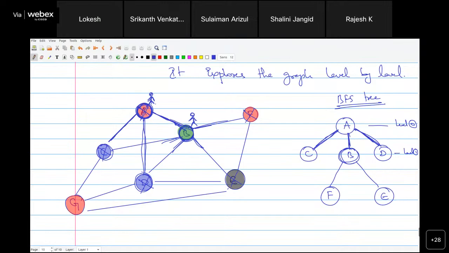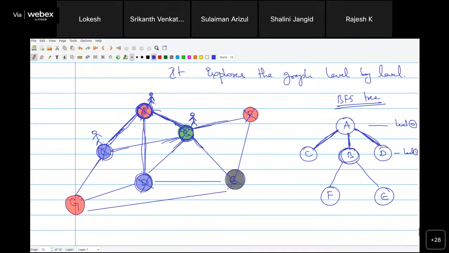Now I will go back to A again and I will visit A again. Now from A, there are still 2 more vertices to be visited, C and D, and in alphabetical order I have to visit C. Now I will visit C. After visiting C, again I will explore the graph by staying at C. So I will look at how many edges are incident to C and who all the neighbors are.